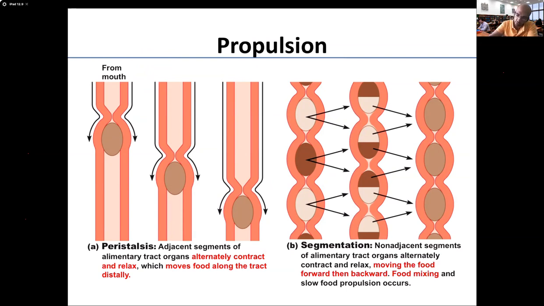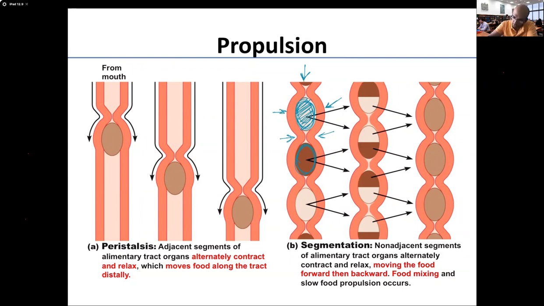So try to imagine this is my small intestine here. It's a tube. You've got this particle of the food, and this is another particle. What you're going to do is relax the constricted parts, and constrict the relaxed parts. So what's going to happen?